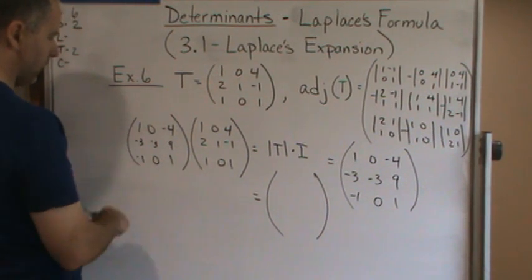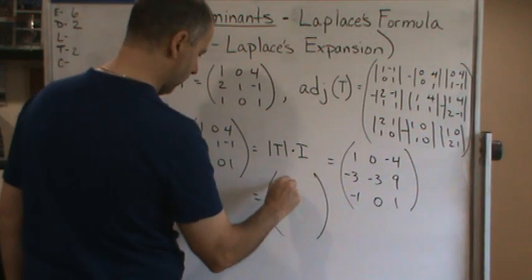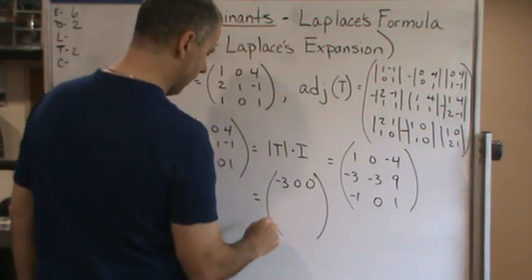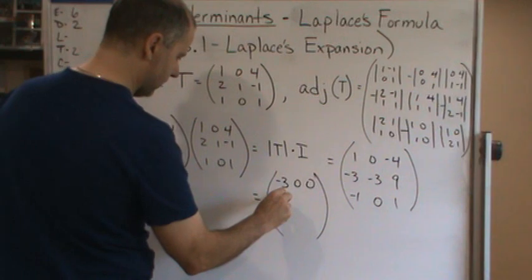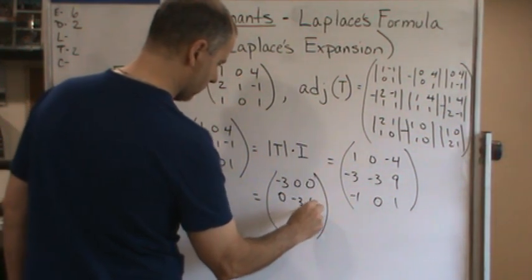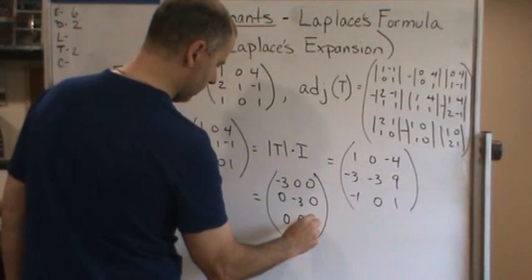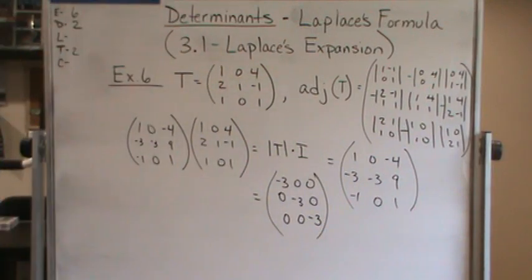So we get 1 plus negative 4, which is negative 3. And so what we're going to end up getting is that matrix. You can verify this.